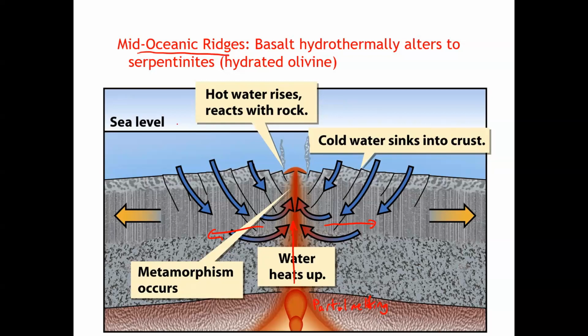And in these places, ocean water can percolate down through that basalt or the gabbro that's forming at these places. And it interacts with the heat here. It dissolves certain minerals, it precipitates other minerals, and it alters that basalt and creates a rock that we call a serpentinite, where we take the olivine in that rock, that green mineral, and we turn it into weird different minerals by hydrating it.